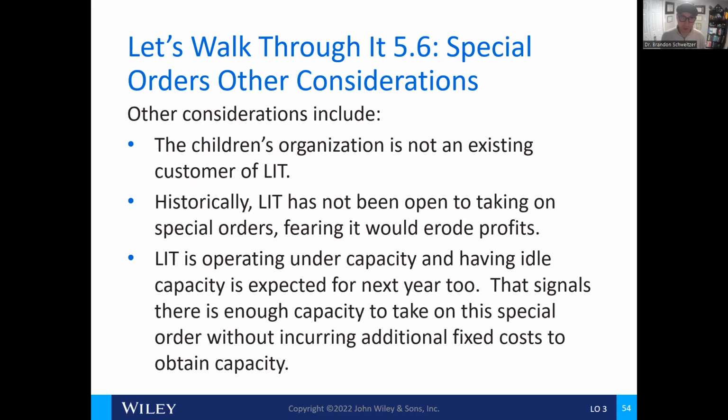Other qualitative information to take into consideration: we don't currently have them as a customer. We have not historically taken into consideration special orders. And we're operating under capacity currently. And we expect this same for next year. So this may be a good opportunity for the company.